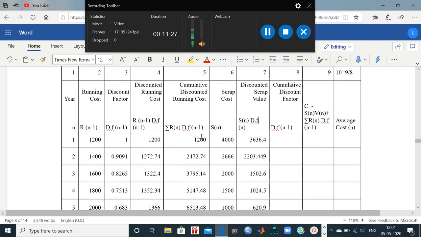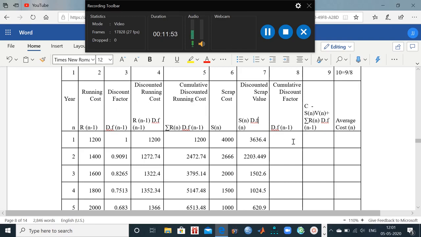Alright, so we have the discounted running cost, we have the discounted scrap value. Now in all problems that had time value of money considered, we know we don't divide the total cost by the year, but we divide it by the cumulative discount factor. Now here we do the cumulative discount factor based upon the discount factor of the running cost.